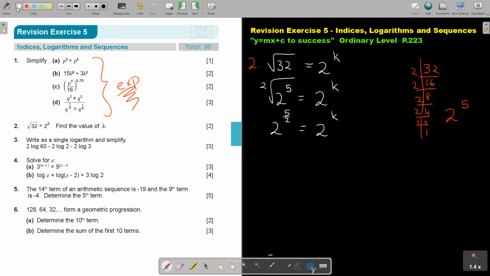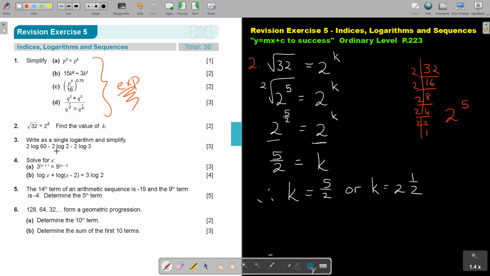Now, the bases are the same, and if I have one base equals one base, I just put the indices equal to each other. So I say 5 over 2 is equal to k. Therefore, you can either say k is 5 over 2, or k is 2.5, and that's the final answer.